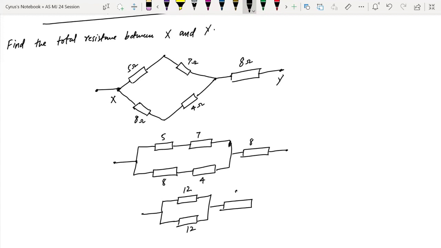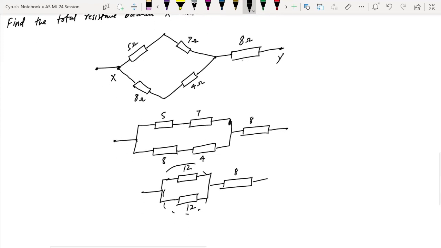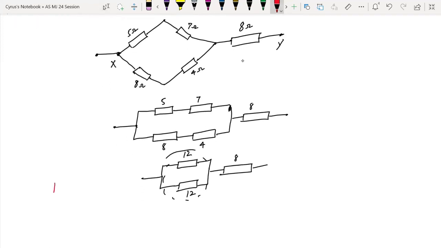And you get this 8 in series with this combination. This combination, when you solve it, as you do 1 over R is equal to 1 over 12 plus 1 over 12. And once you do the maths, this is going to be 2 over 12. This R is 6 ohms.